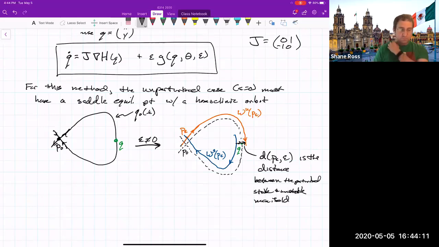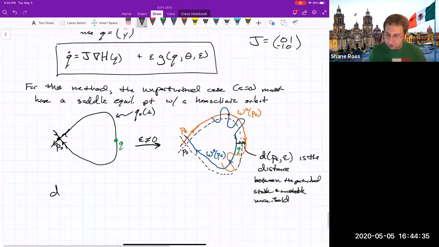And what you can do is calculate that distance and see if that distance ever goes to 0 along trajectories. If these two do intersect, then at some point that distance goes to 0, which means they're intersecting each other. If you get any zeros, that means they cross. In the unperturbed case they exactly coincide, so the distance is 0 everywhere.